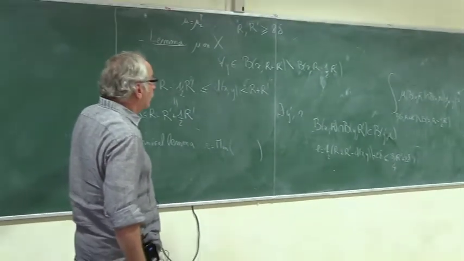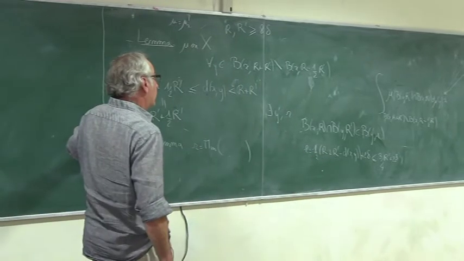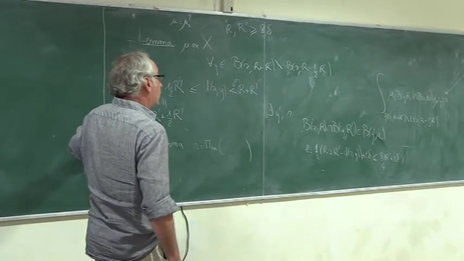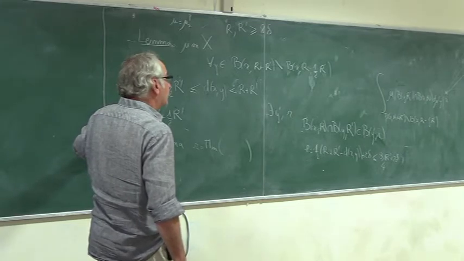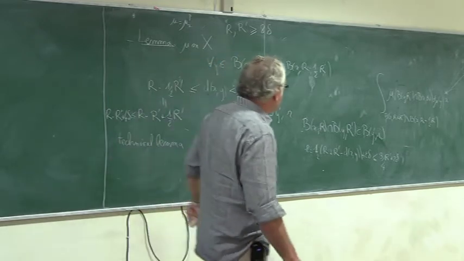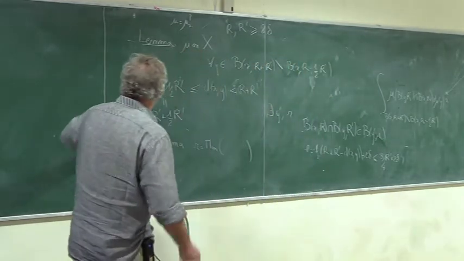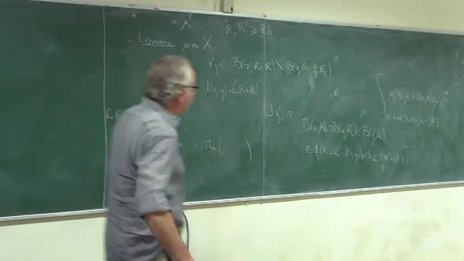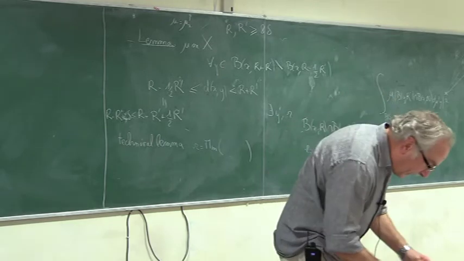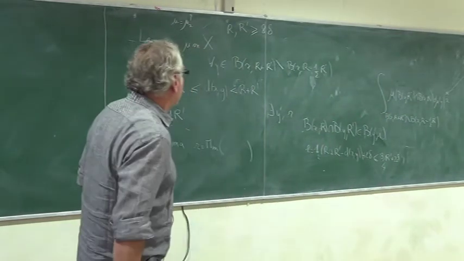R' there will be twice, but there is 1/2 here. 4 delta will become 2 delta, and there is too much of deltas here, so I just made a mistake somewhere. I leave to you to finish the proof here, right?